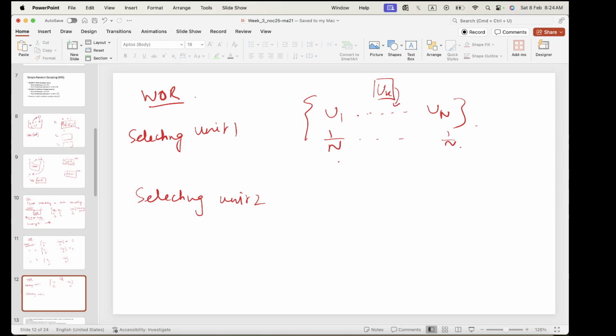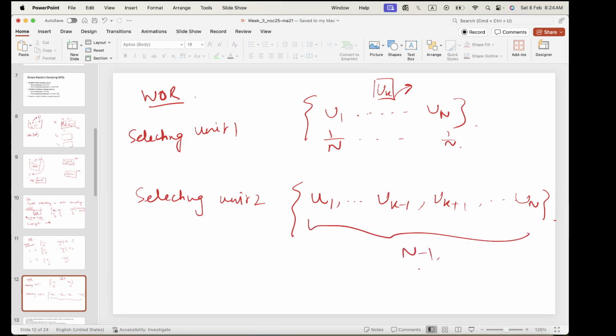So whenever I am selecting unit 2, my sampling frame would then become u1, uk minus 1, uk plus 1, and then un. So in total now I have n minus 1 elements. So if I have to provide equal probability, then for selecting unit 2, I have to assign this probability to each of these units.